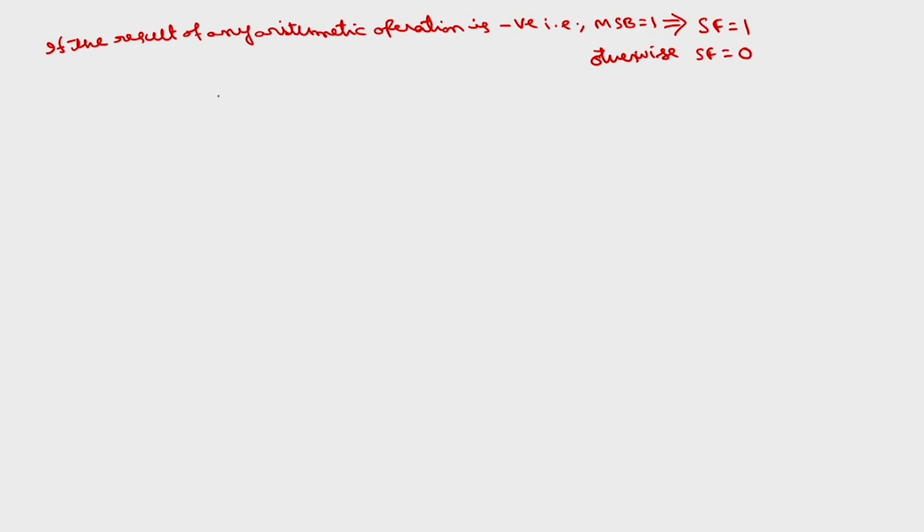So, if we take an example here, if we want to add F2 plus 9AH. F2 is 1111 0010, 9A is 1001 1010.